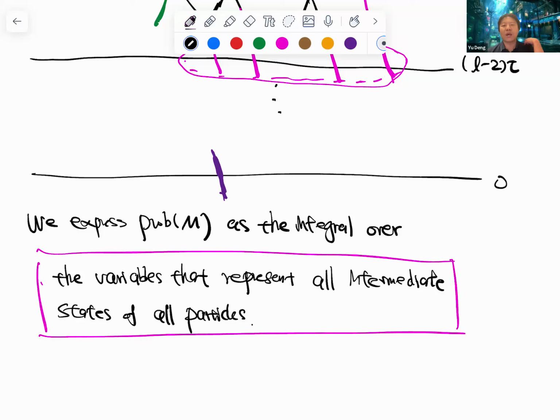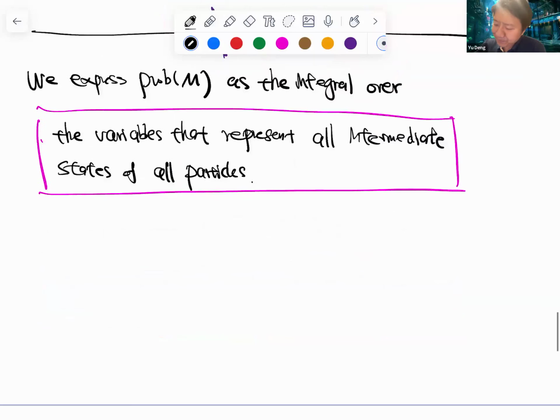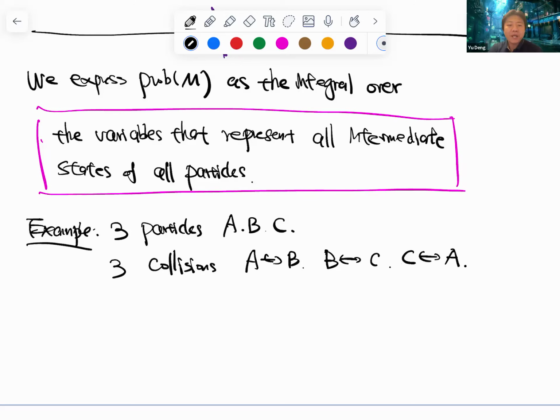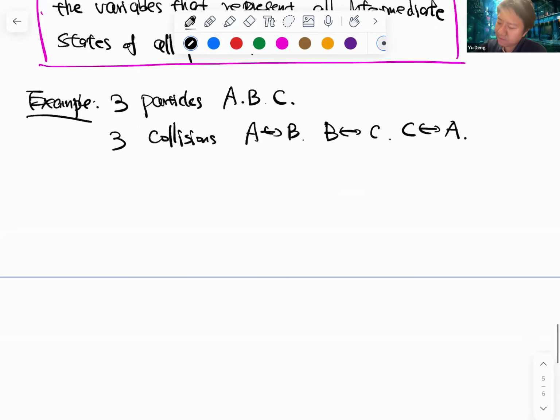So let me demonstrate it by one example. Let's say we're in a case where we have 3 particles and 3 collisions. How do we represent this by a diagram? Well, this is easy.